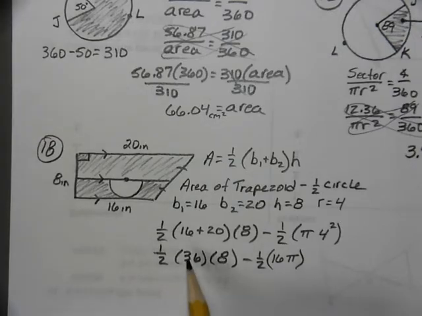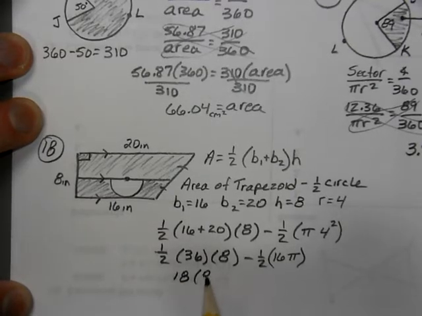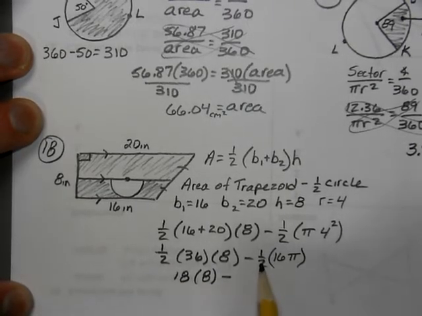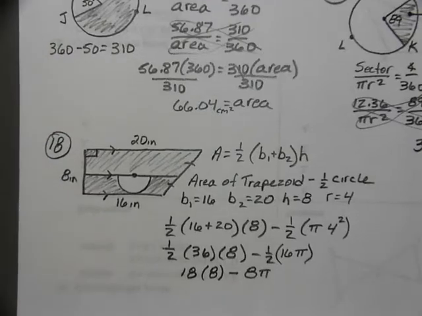Now you could take half of the 36, you could take half of the 8. It's up to you. Don't take half of both. So half of the 36 is 18 times 8. Half of the 16 is 8. You can't subtract the 8s.